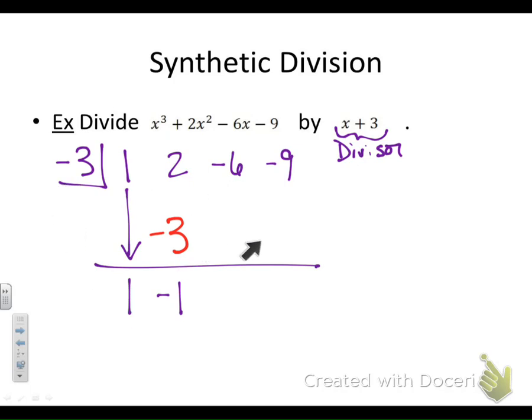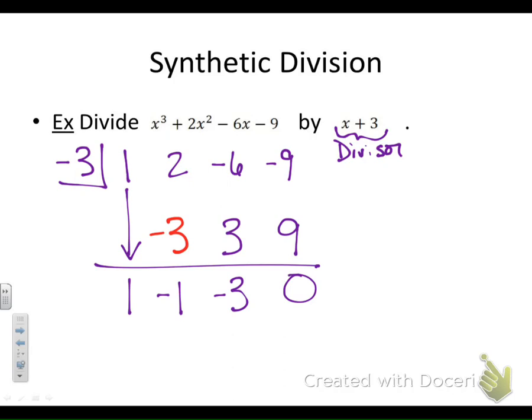So -1 times -3, the product goes here. And then I add vertically. I multiply -3 times -3 and write the product here. And then I add.